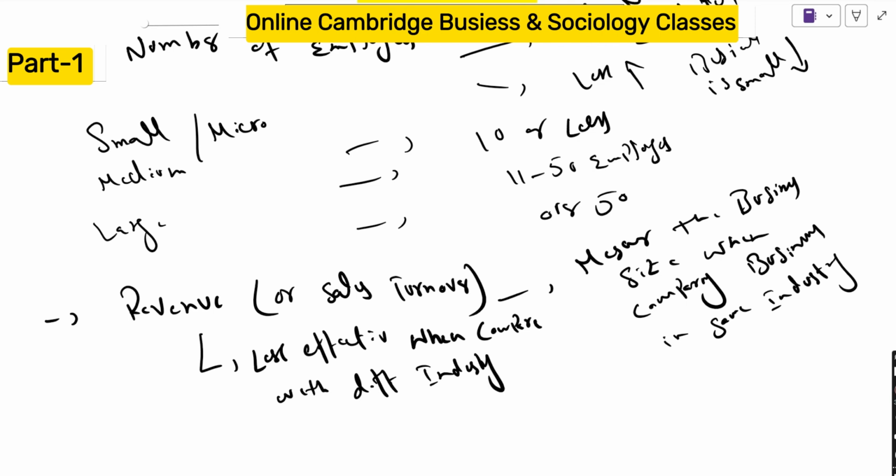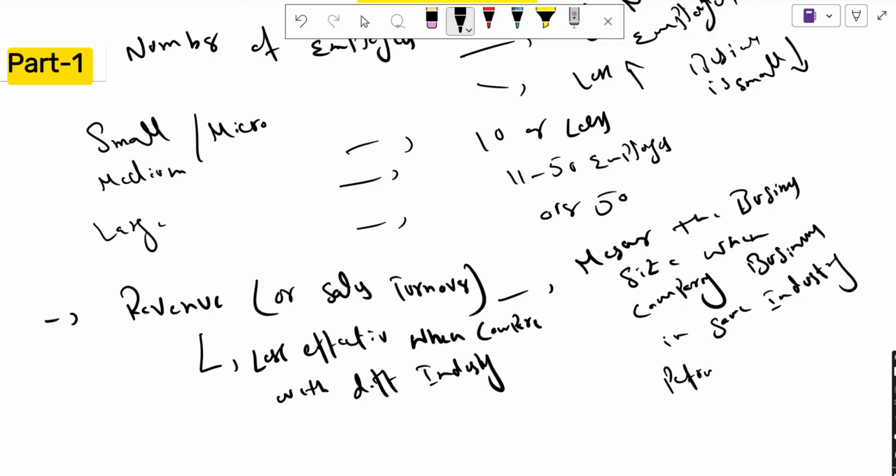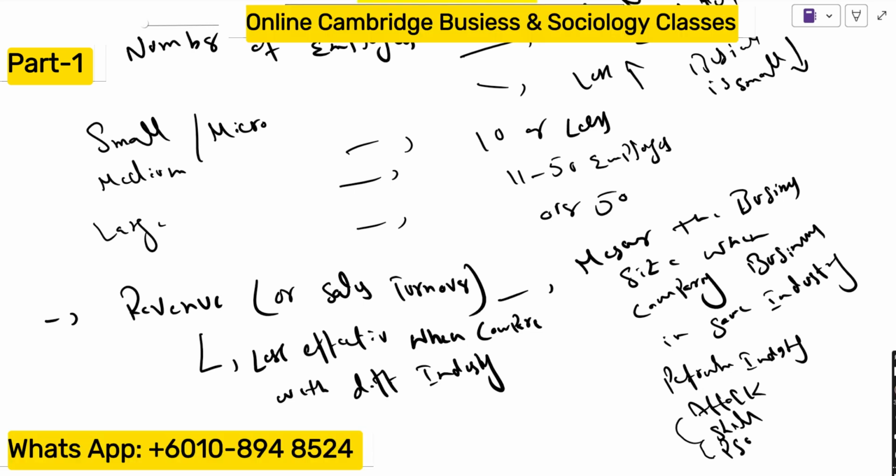Let's say we have the petroleum industry, with many companies like Attock, Shell, PSO. Revenue you can measure within the same industry. For example, you compare PSO with Shell or with Attock. That is very much okay.